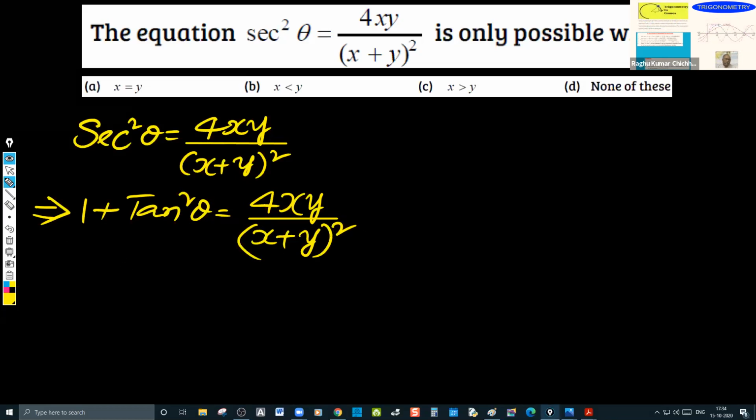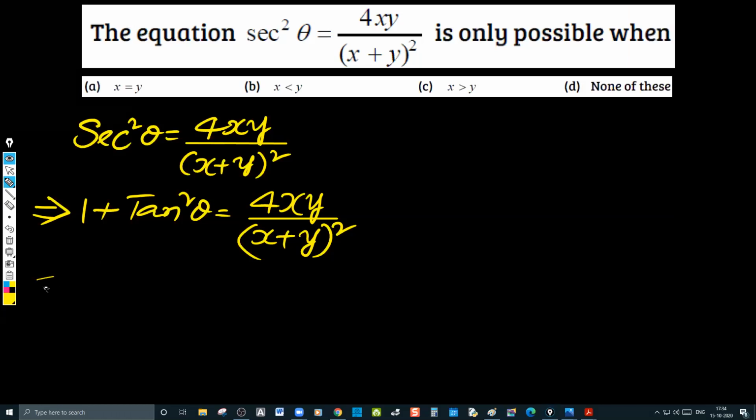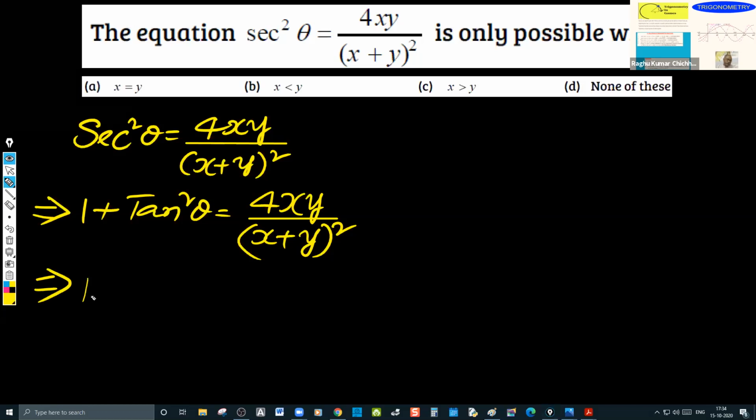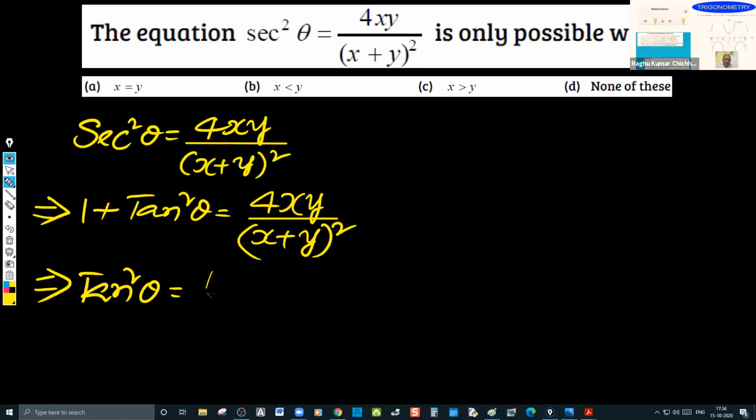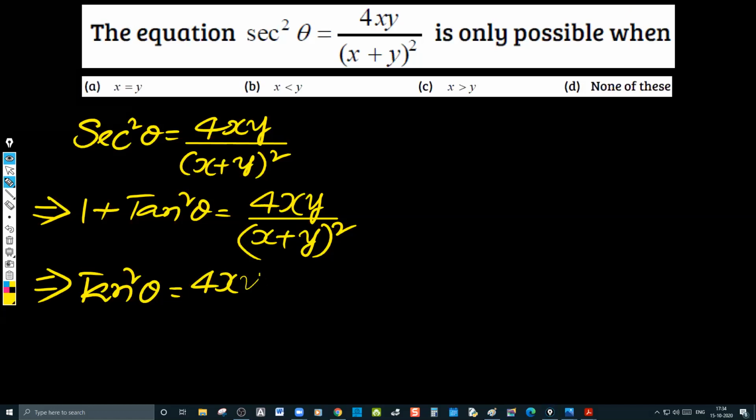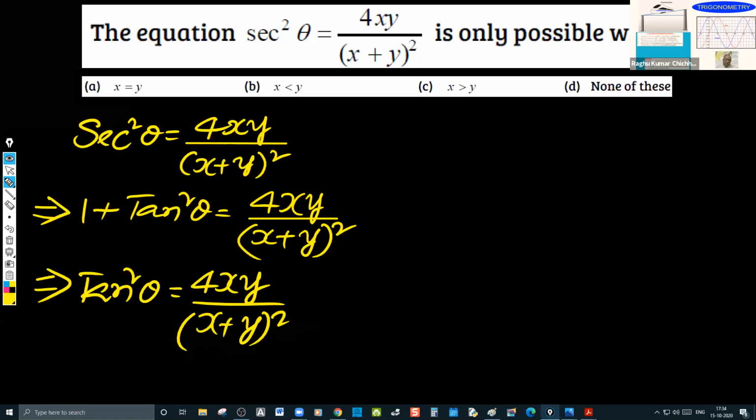Bhavi, are you there? Yes, sir. Now tell me what tan square theta is, please. 1 minus secant square theta. No, the next step: 4xy by (x plus y) whole square minus 1. Come on, tell me the LCM and the next step.